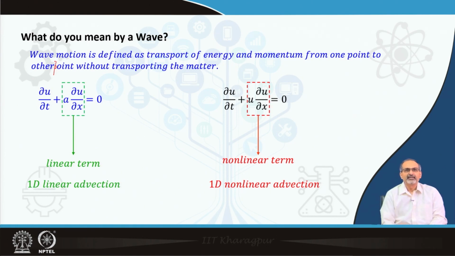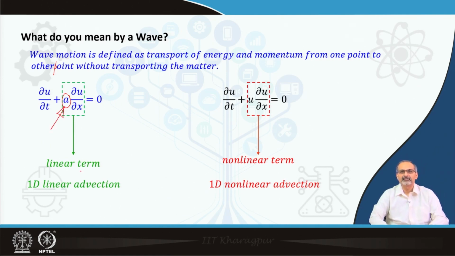To begin with, the linear wave equation, where you have del u del t plus a times del u del x equal to 0. This advection term is a linear term because of the coefficient associated with the del u del x term, which happens to be a constant.